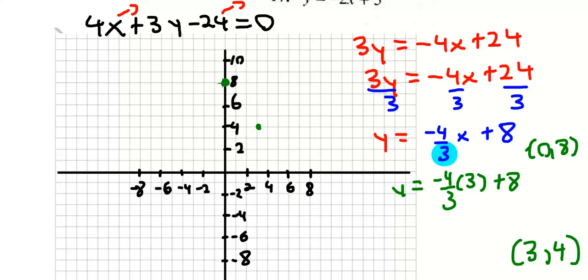Out of interest, lads, is this a positive slope or a negative slope on this graph? Negative. We were expecting it to be negative though, weren't we? What is the slope of this graph? The slope of this graph is actually minus 4 over 3.